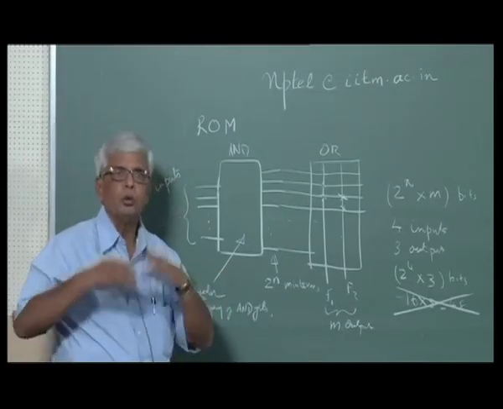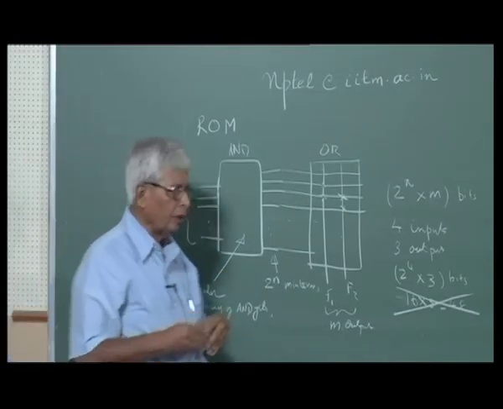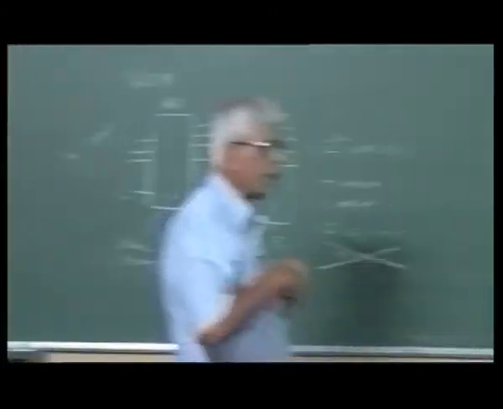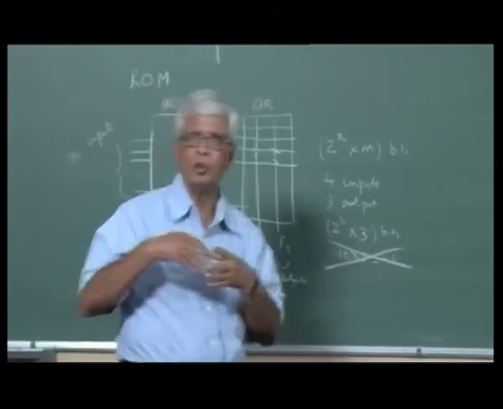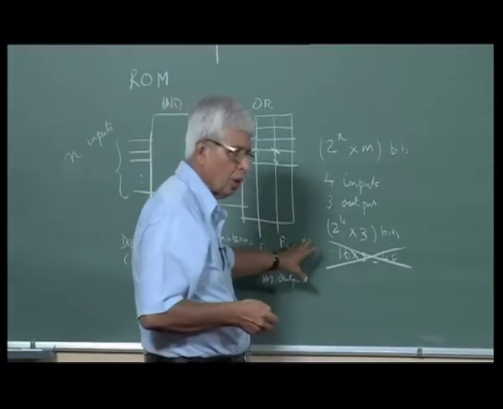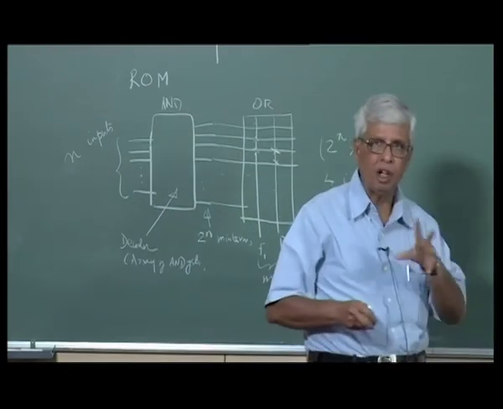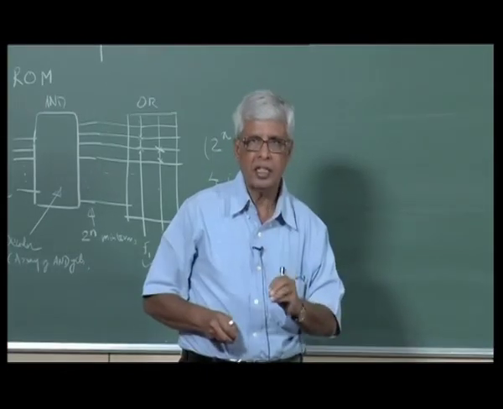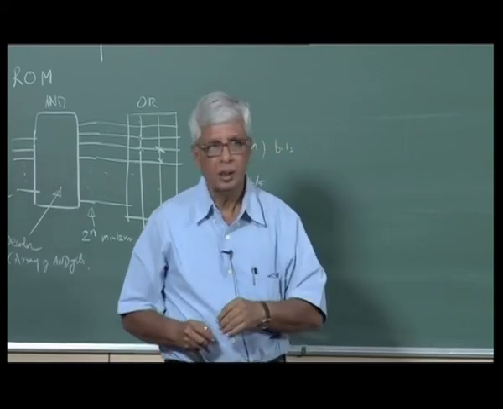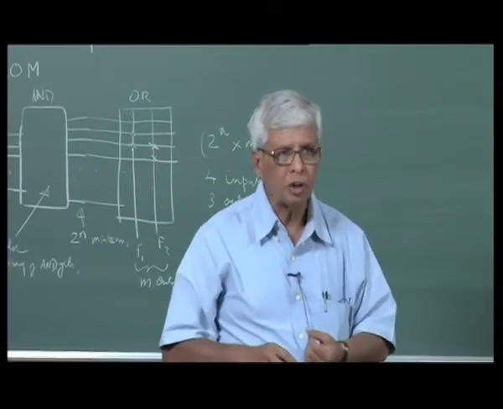Suppose I have a huge system with several inputs and several outputs. I may be generating a large number of minterms, but not all of them will be used. Only a few of them will be used in each of the outputs. So it's a wastage of hardware, wastage of semiconductor area. So can we now generate only those minterms which we need?